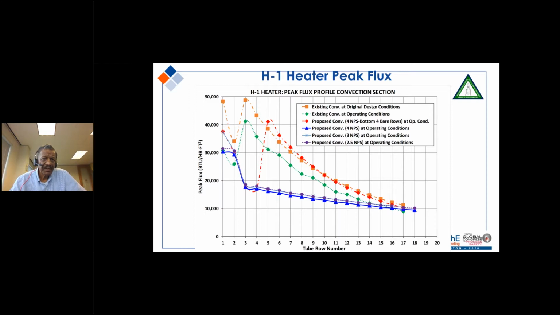And then the blue and dark blue are the ones with all bare tubes, 4-inch, 3-inch, 2.5-inch, and you could see we were able to lower the heat fluxes drastically. And we were able to solve the problem. We installed the convection section design, and it's been running for almost 2 years now and we haven't had any issues.